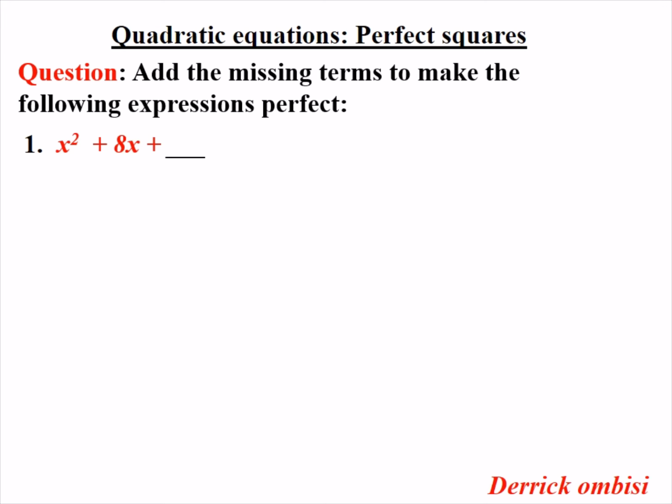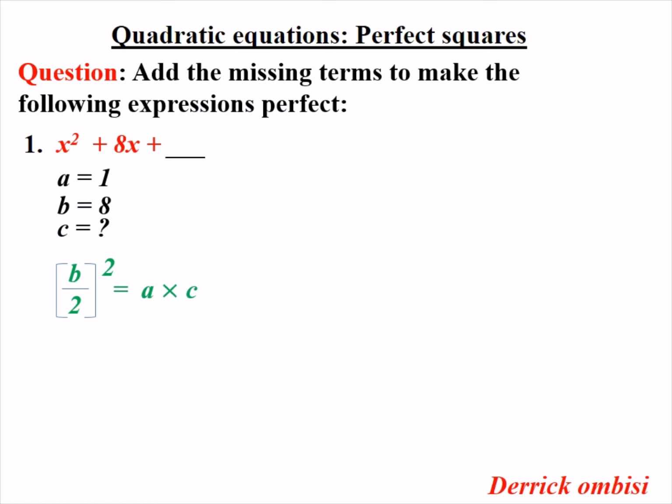The value of a is 1, the value of b is 8, and the value of c is what we are looking for. If we take b, divide it by 2, then square it, we get a multiplied by c.